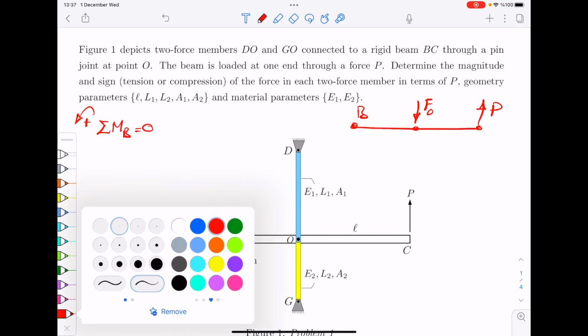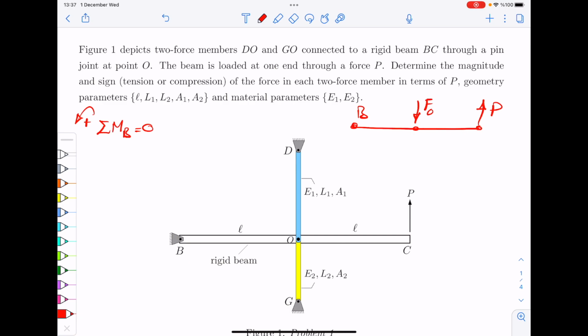So you write your equilibrium here, and you get 2L times P with a plus sign minus L times F is 0. So F, or FO if you like, is 2P. Okay, so this is the first part of the problem. So we know that force is 2P.